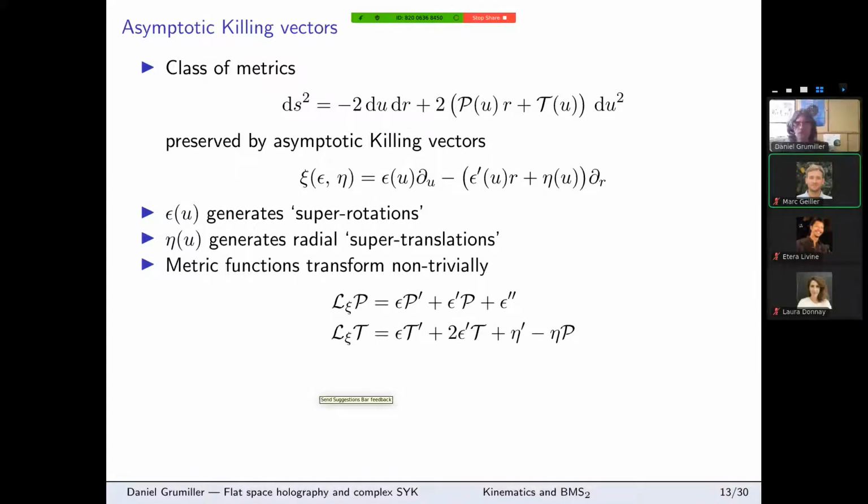Now, interestingly, these metric functions P and T transform non-trivially under these super rotations and super translations. If you're a bit familiar with the structures of 2-dimensional conformal field theories, then you may recognize this transformation behavior, or at least you have probably seen similar behavior, perhaps with slightly different anomalous terms.